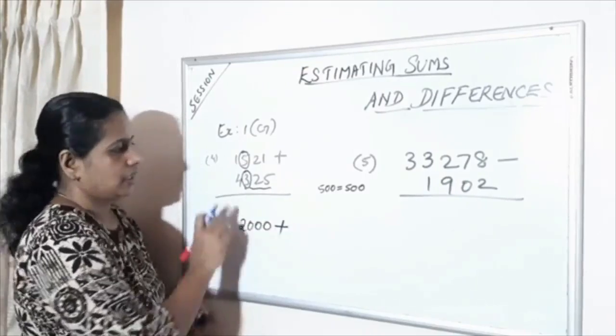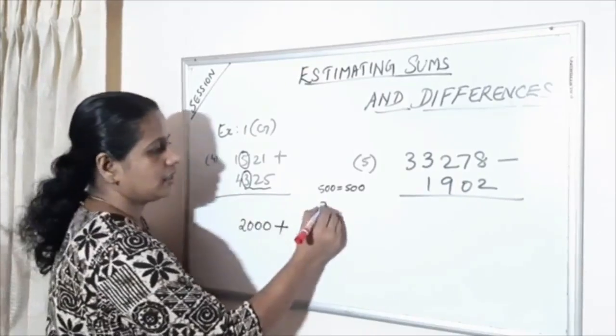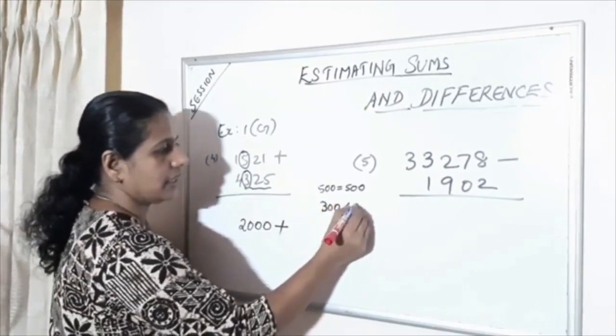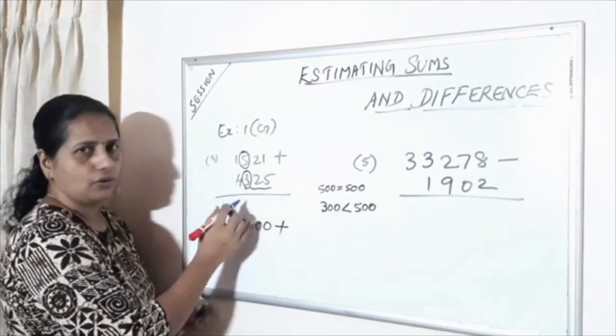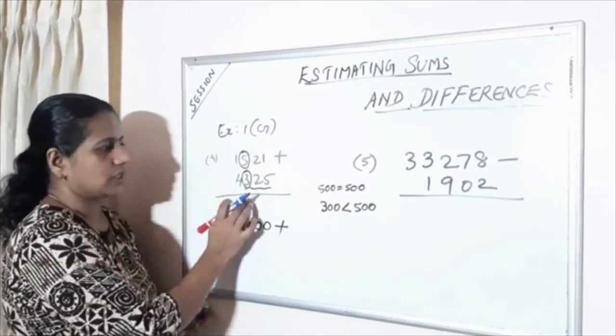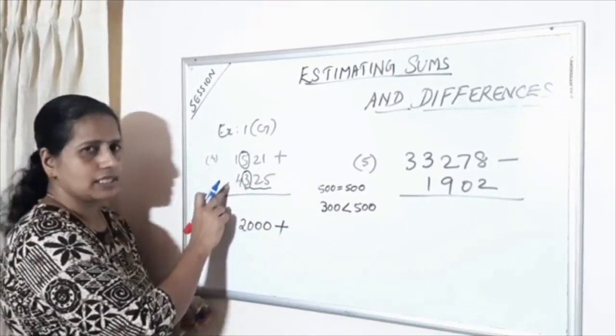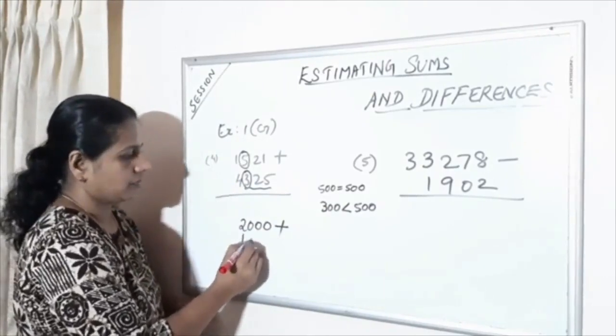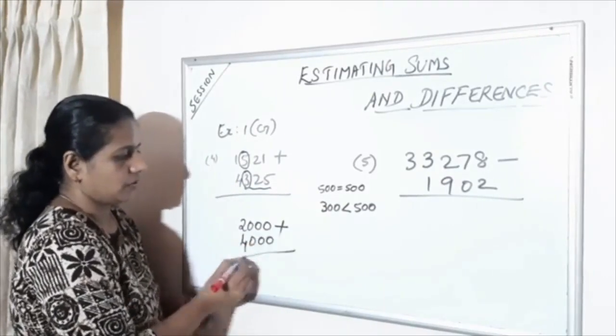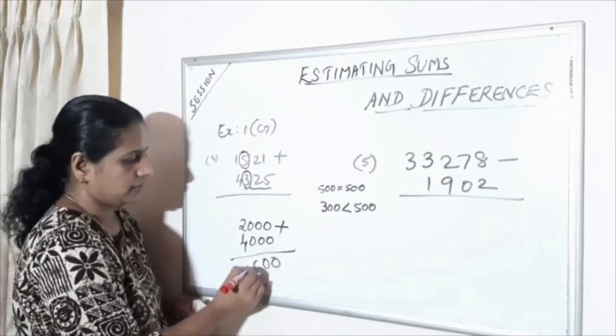Plus here 300. 300 is less than 500, so rounding down to the nearest 1000, that is 4000. Now add it.